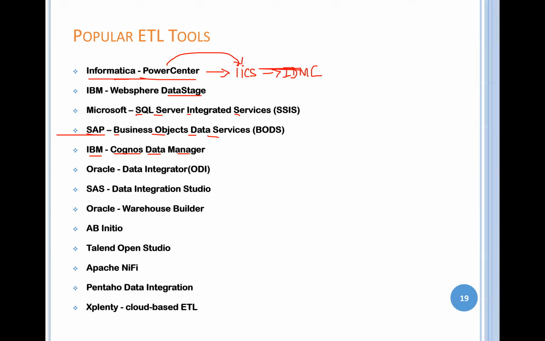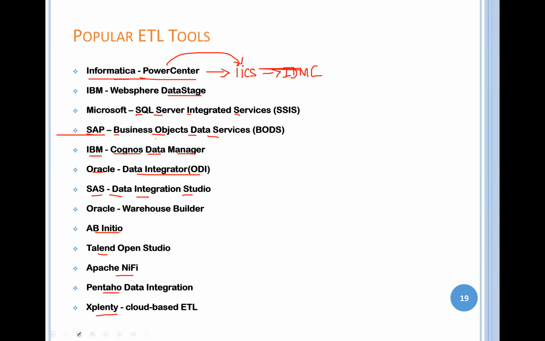Cognos Data Manager is the ETL tool in IBM. But in IBM, we use DataStage most widely. Oracle Data Integrator. SAS is a statistical tool, but SAS Data Integration Studio is the ETL tool. Oracle Warehouse Builder, Ab Initio, Talend, Apache NiFi, Pentaho, and Explantic. These are all the tools.